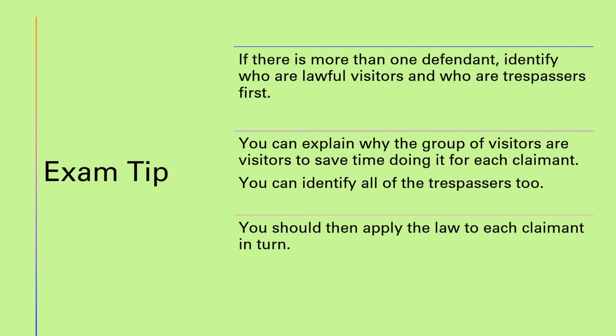That just helps, because you can save time explaining why visitors are visitors and why trespassers are trespassers, and then deal with the law for each claimant. It might save you a little time, but by the same turn, you may just wish to stick to each claimant and go through that way. Again, do whichever you feel most comfortable with.